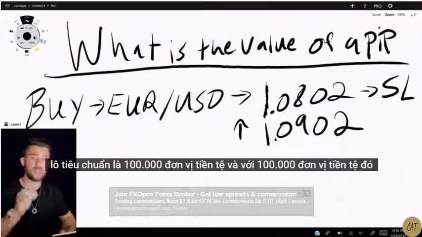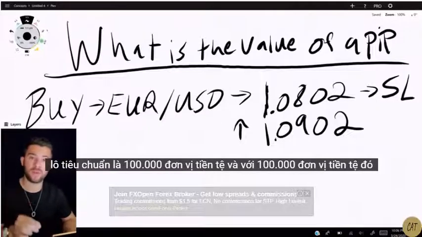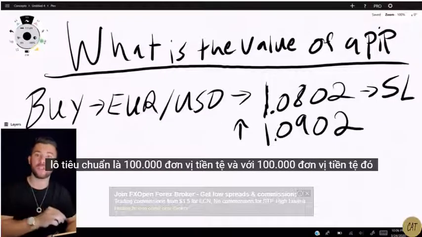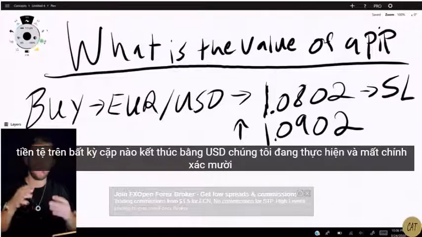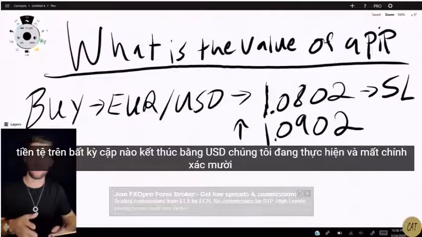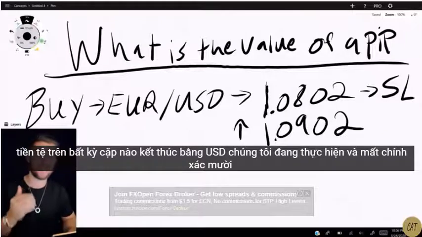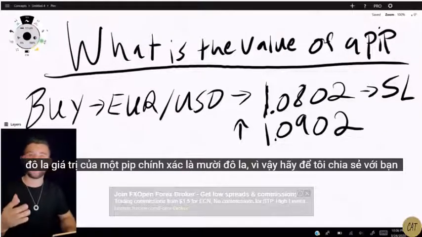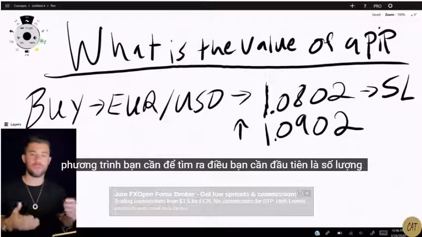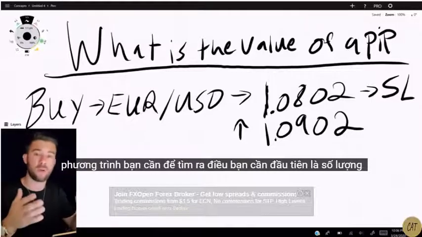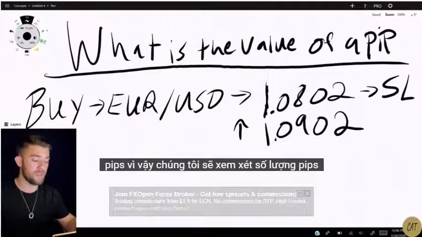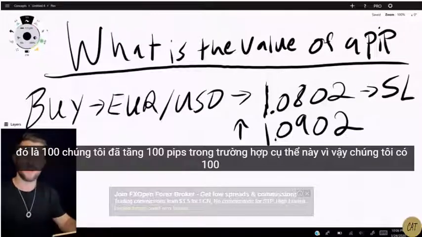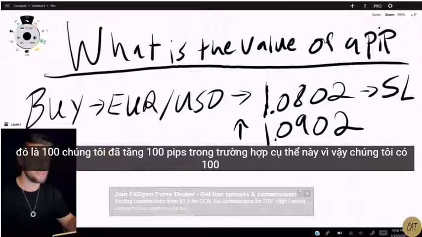Remember, a standard lot is 100,000 units of currency, and on any pair ending in USD, we're making and losing exactly $10. The value of a pip is exactly $10. So let me share with you the equation you need to figure this out. What you need first is the amount of pips, which is 100. We went up 100 pips in this particular case.